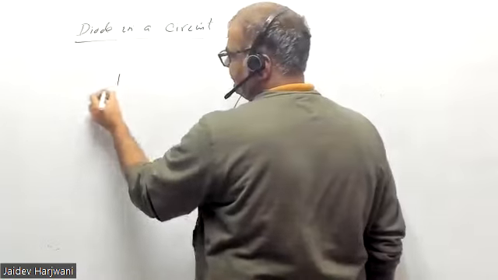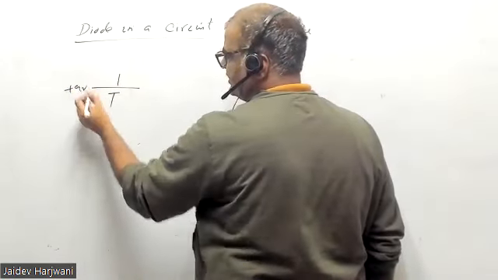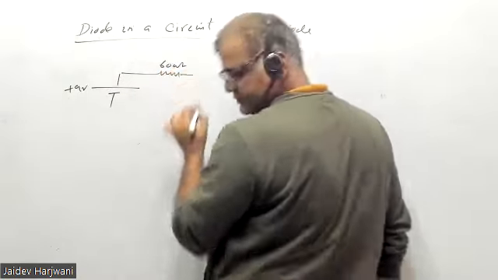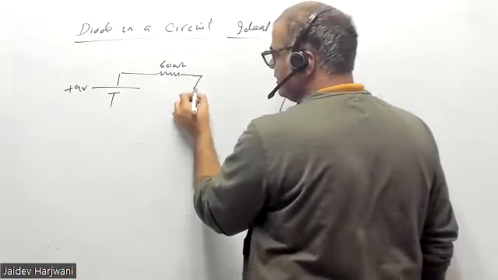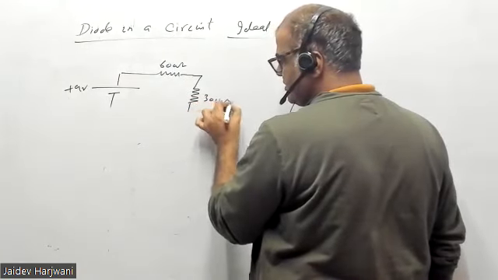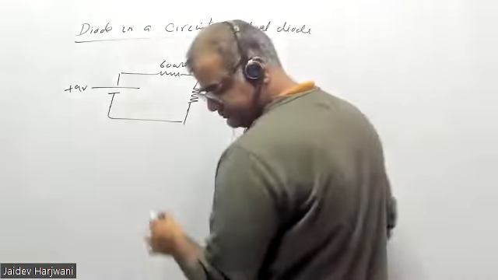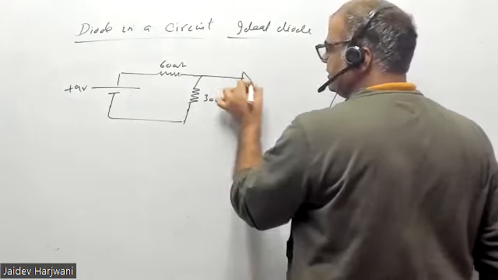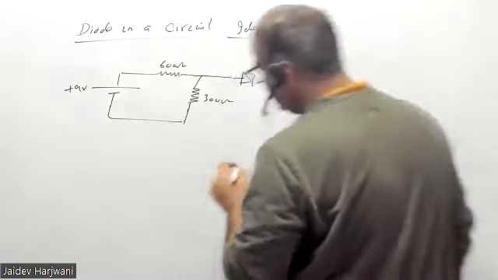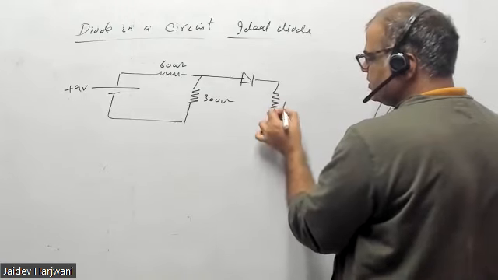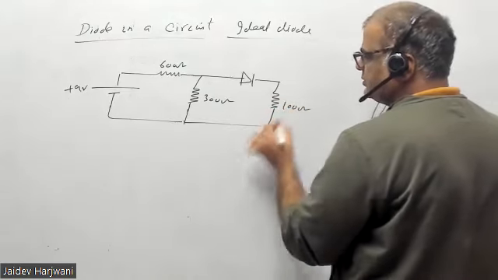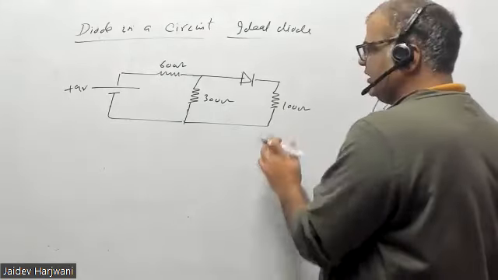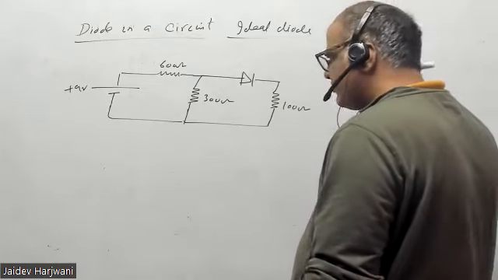I am putting a 9 volt battery here, a resistance of 600 ohm, this 300 ohm, then a diode here, and a 100 ohm resistance here. Now you have to find whether this diode is forward biased or reverse biased.